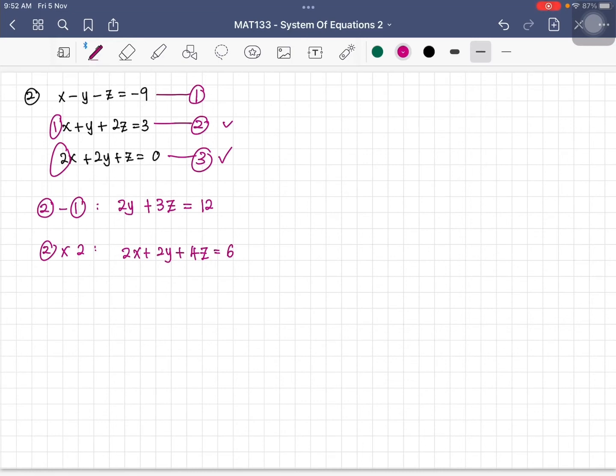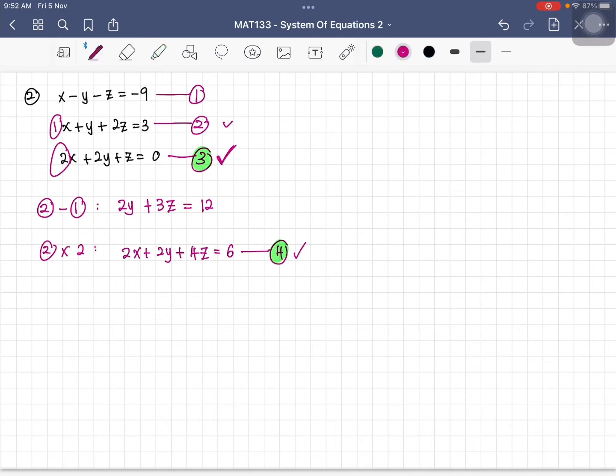This is equation number 4. Because equation number 4 is from 2, I want to relate equation 3 and 4. Please note that I'm going to relate equation 3 and 4.